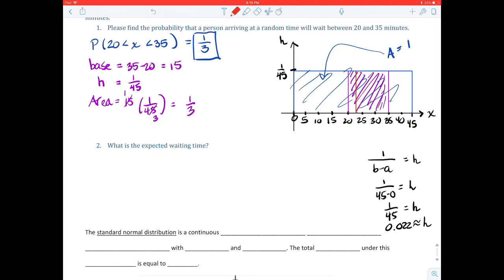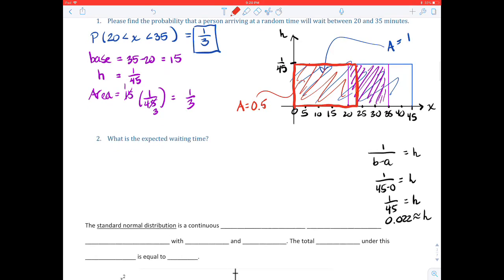We know our 0.5 area will be when we're exactly halfway at the base, and then this whole region right here would be area equals 0.5. So we need to find the minutes where that will happen, right?